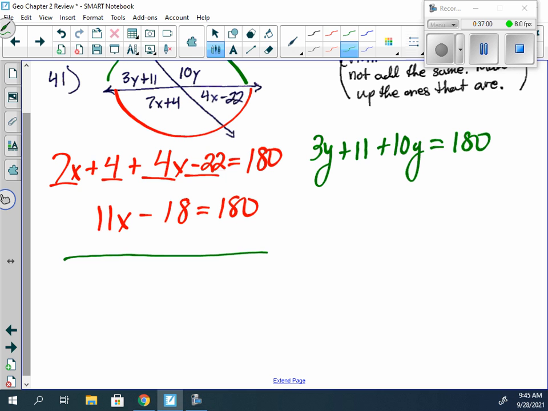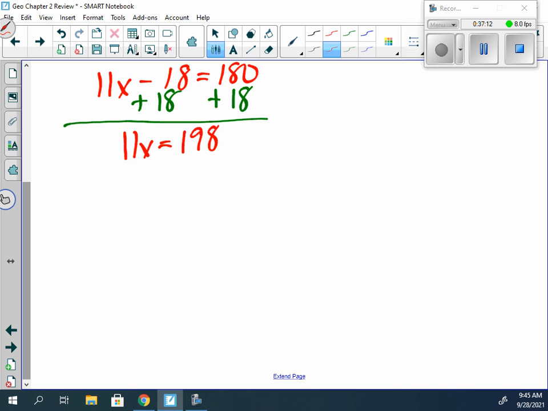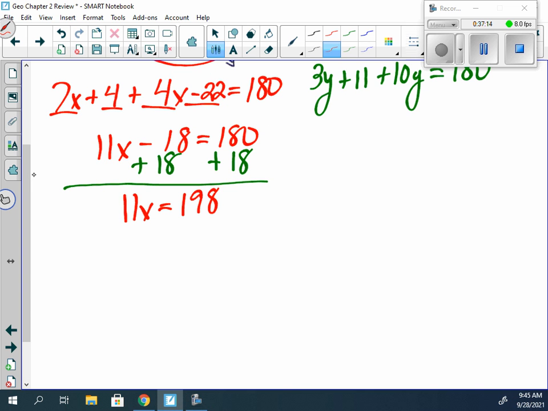Our next step would be to add 18 to both sides, which will tell us that 11x is equal to 198. And last but not least, we would divide both sides by 11, which will tell me that x is equal to 18.